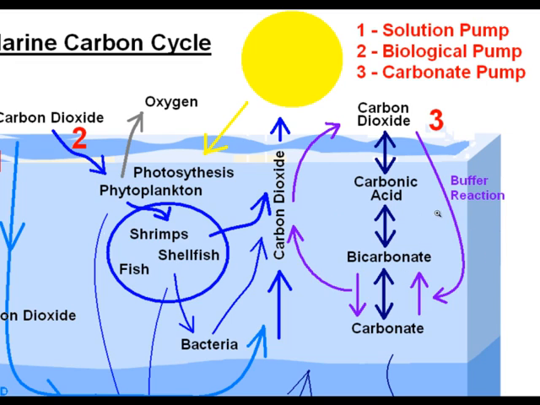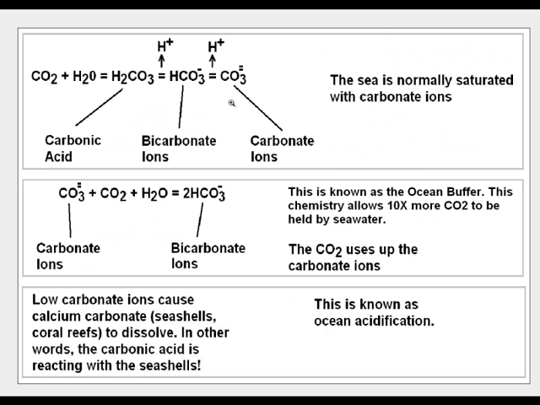Now that's not the end of the story, and I'm going to talk a little bit about a buffer reaction. We're going to have a look at another diagram for that. Can you remember in the first reaction we created carbonate ions? Well, from this we can have the carbonate ions here. If we were to add more carbon dioxide and the whole reaction took place in seawater, we would create bicarbonate ions.